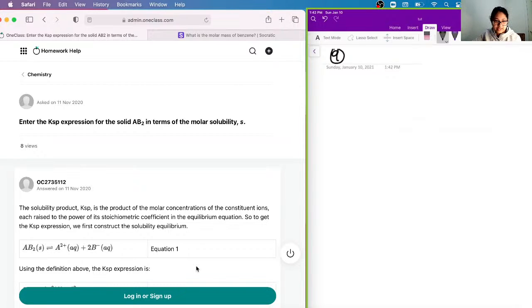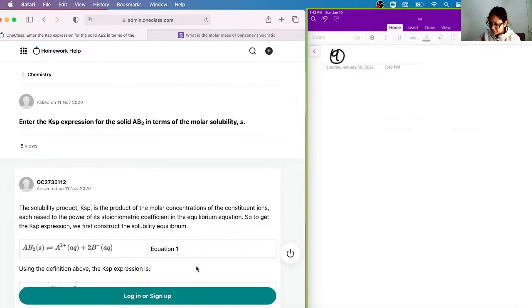So our next question says, enter the KSP expression for the solid AB2 in terms of the molar solubility S. Okay, so basically the KSP is a solubility product, which represents the product of the molar concentration of the constituent ions, each raised to the power of stoichiometric coefficients in the equilibrium equation.